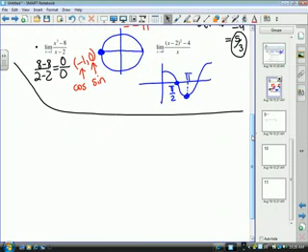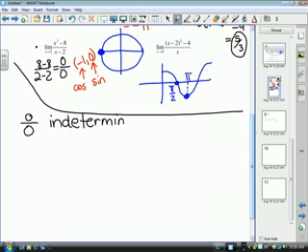It starts with an I. Indeterminate form.